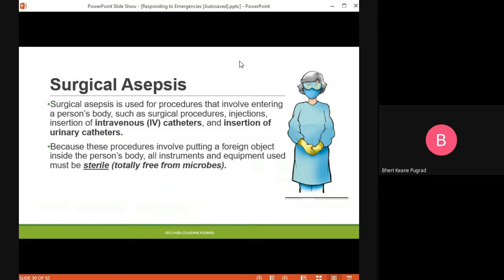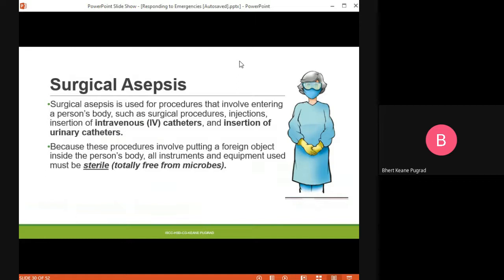Okay? When you say surgical asepsis, dapat ay sterile yung area. When we say sterile, those areas should be totally free from microorganisms. Okay? Kahit 0.01 lang.